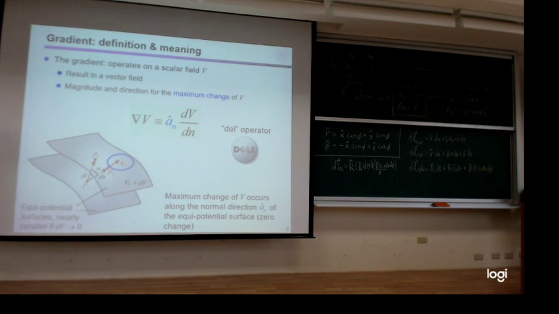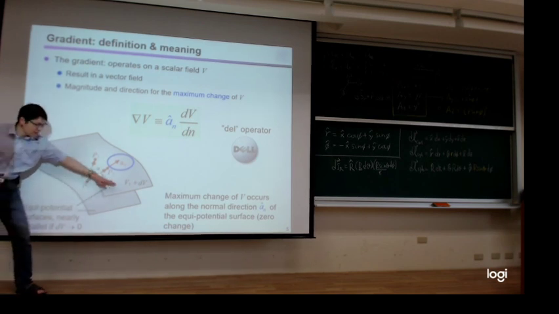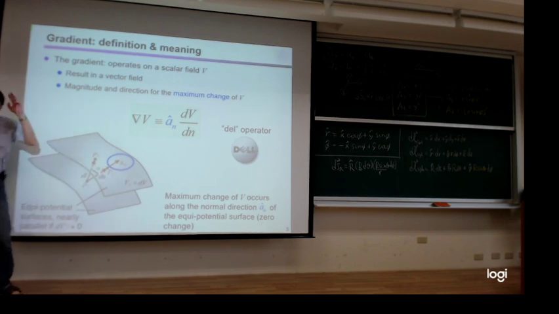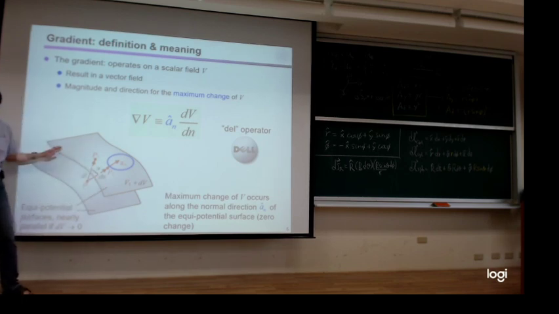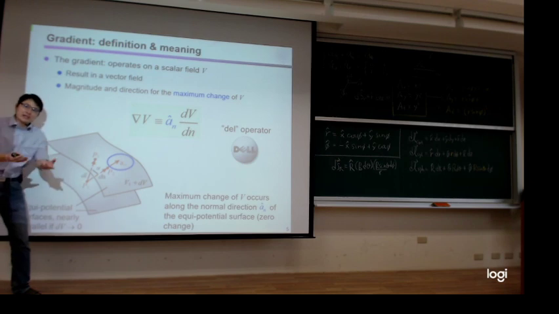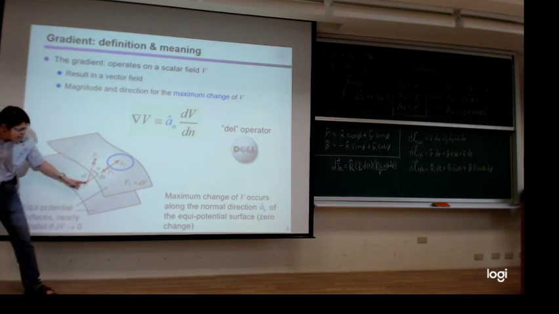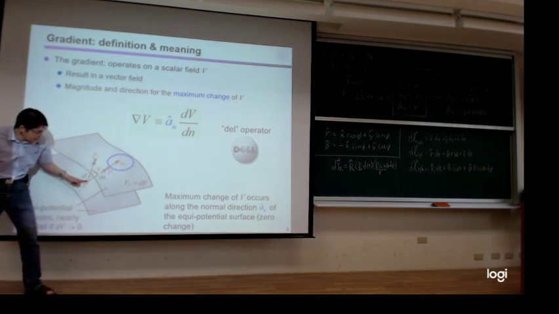Okay? So what is shown here are two equipotential surfaces. This is V1, this is V1 plus dV. Think of V as your potential or height. This is height number 1, height number 2. So if you perform the gradient, you would have this direction or this path.